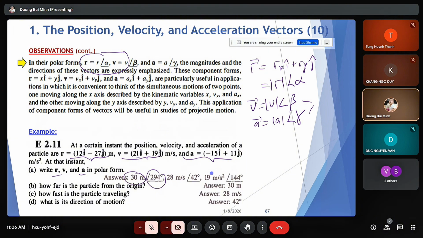Okay, so if we consider this one, it belongs to four parts. Four parts, that's right. Yes. So when R is here.